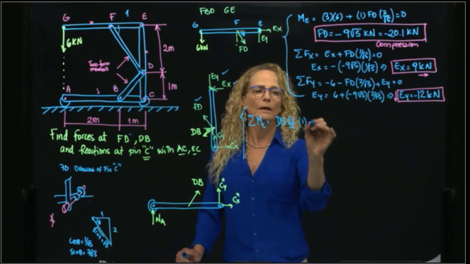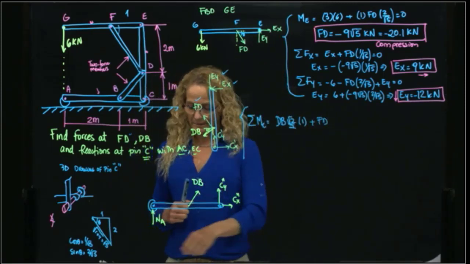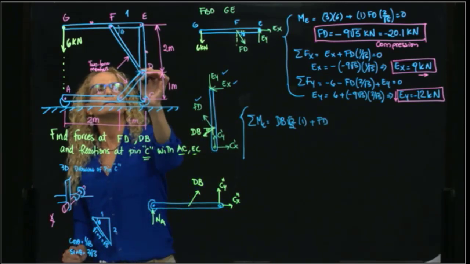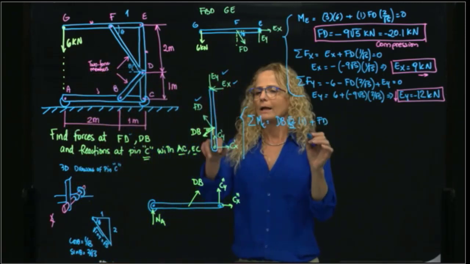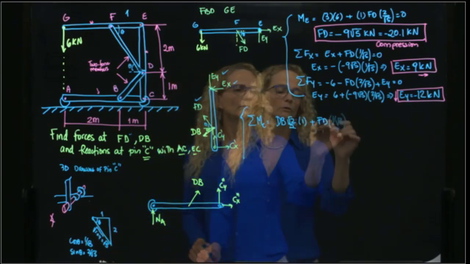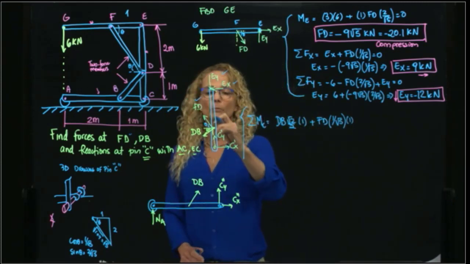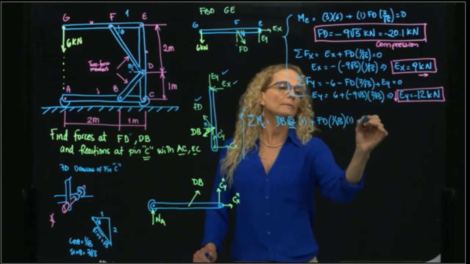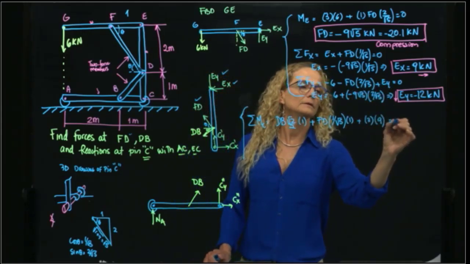So let's do FD, and remember that this angle is already known, right? We found our angle, and it's the same as this angle. So I can say that is cosine, and the cosine of that angle is 1 over square root of 5, and the distance is again 1, right? And it's also positive. And then I have positive the whole distance, which is 3, times EX, which is 9, equals 0.